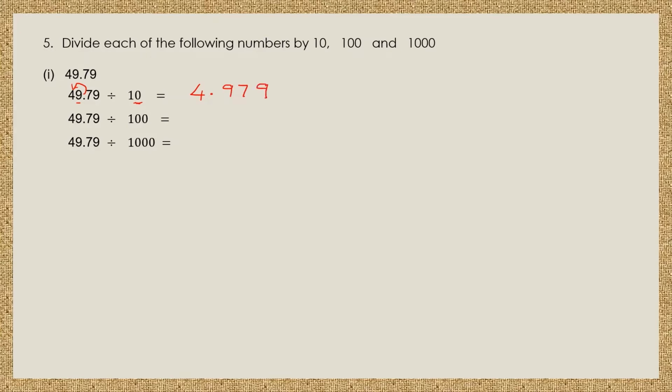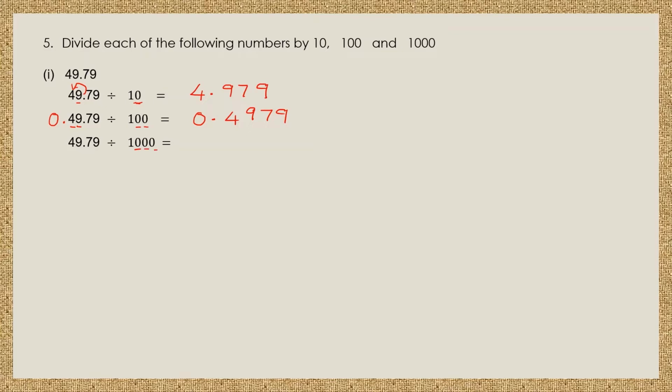Okay, so one place. So my final answer will be 4.979. Now 100, there are two places, so I need to move it two places to the left and put my point there. Now since there's no number before it, I will put a 0. So it becomes 0.4979. Division by 1000. 1, 2, 3 zeros.